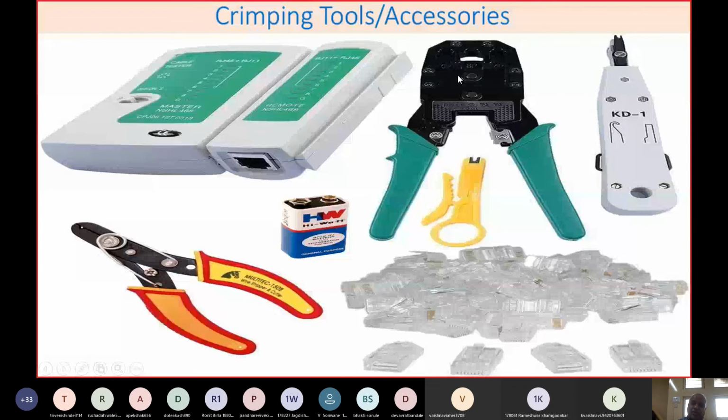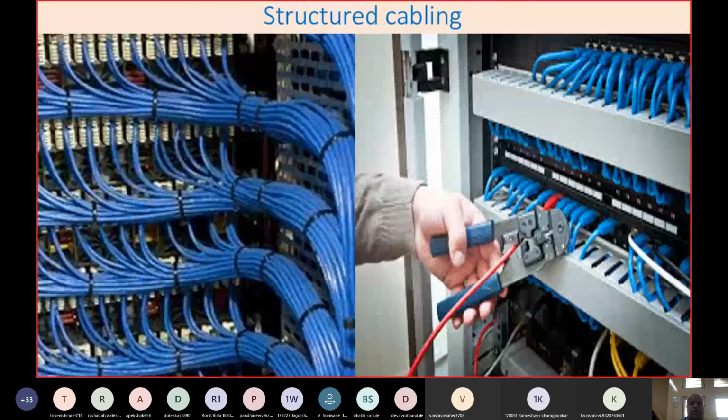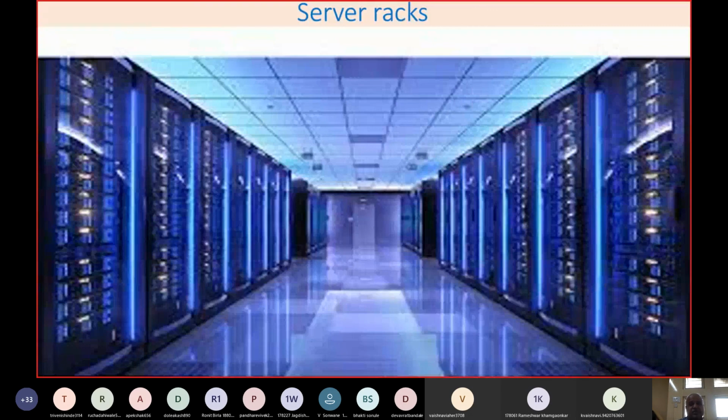So this is networking, especially structured cabling. It is essential. You must understand what structured cabling is, what a cable is, what the cable standard is.